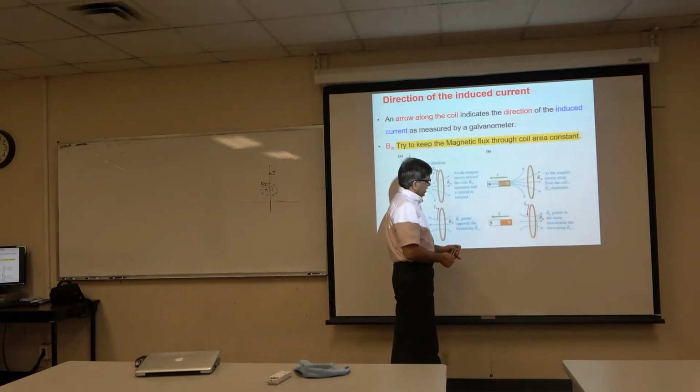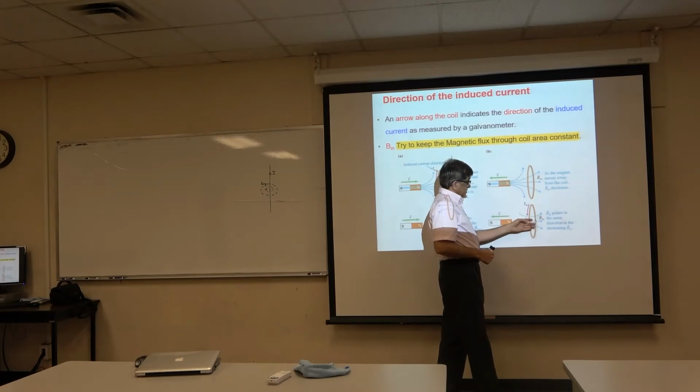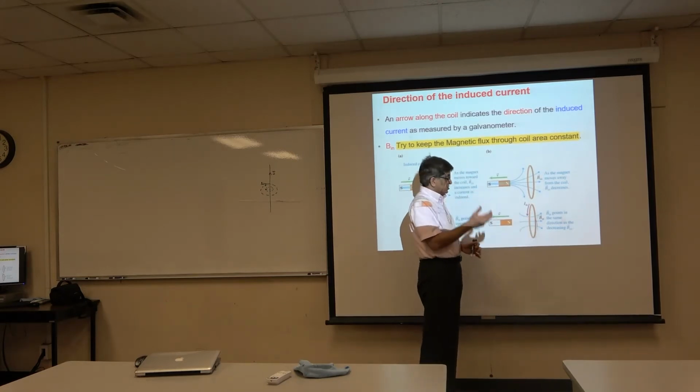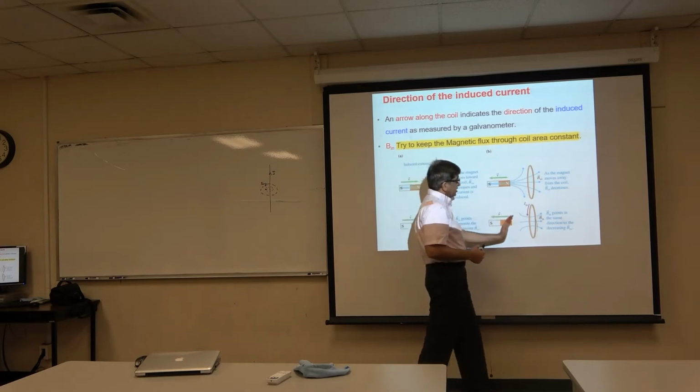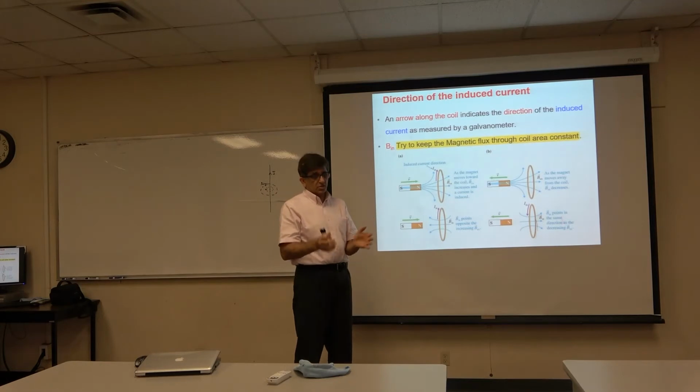So as a result, since we are pulling it out, the magnetic field lines are decreasing. So the induced magnetic field will try to compensate this effect and try to keep the magnetic flux through the coil area constant.